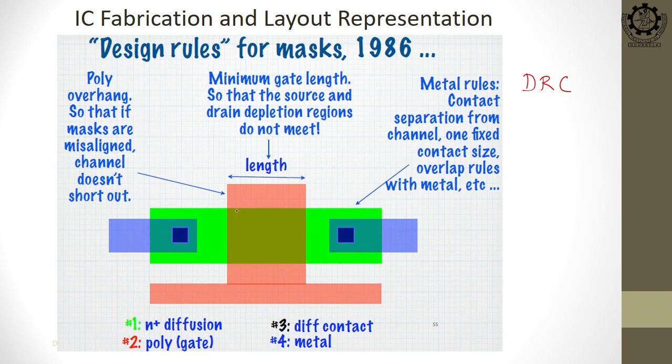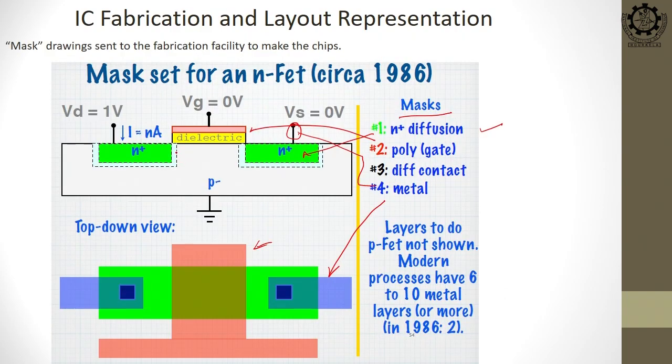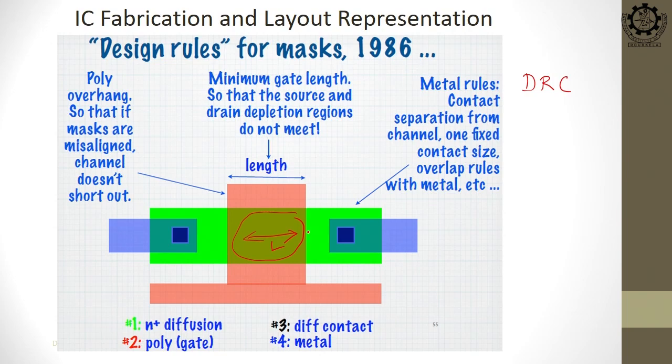So, this poly you see is a little bit overhanging. This is your active region, right, and beneath this gate is your channel. So, there should be a minimum distance between this metal interconnect and the channel.